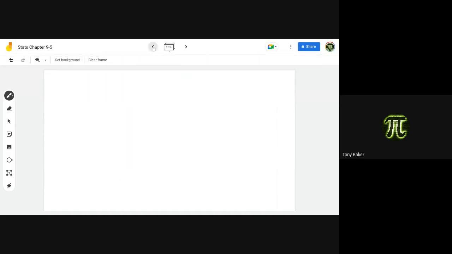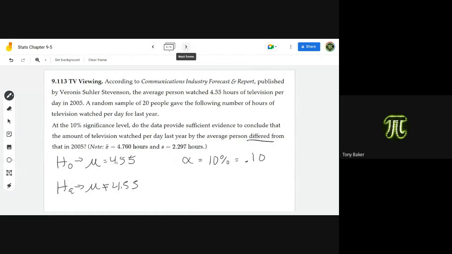All right, now that we've got that information, we need to find our t. So I'm going to write that here and then I'll copy and paste it over. The mean that they gave me was 4.760 minus the 4.55, which was the mean we started with.